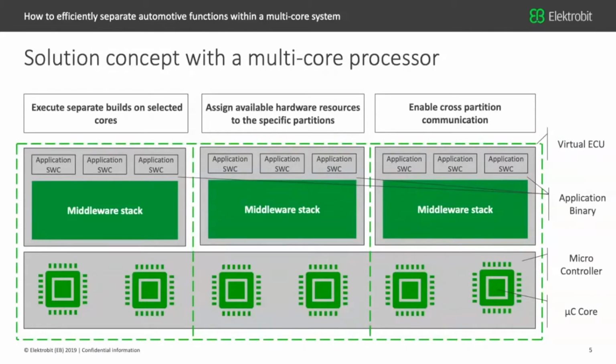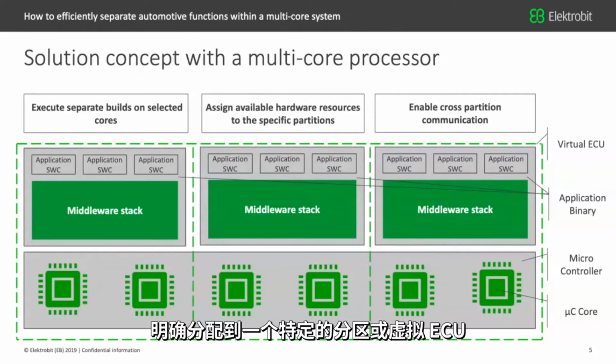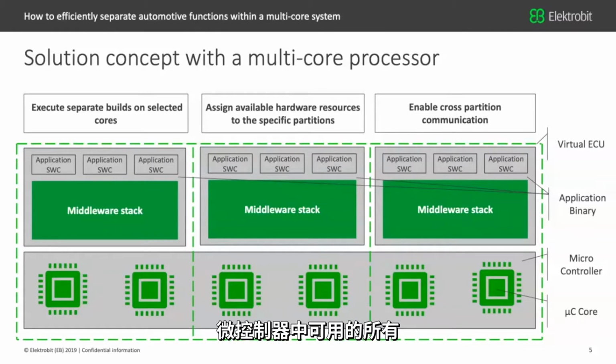So what we are looking at is we cluster the ECU or the microcontroller into what we call virtual ECUs. Here we have a clear assignment of the microcontroller core to a certain partition or virtual ECU, and the same with all the other peripherals and resources which are available within the microcontroller.